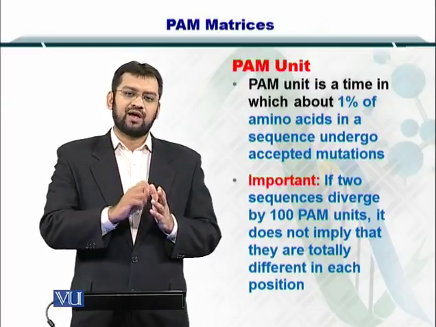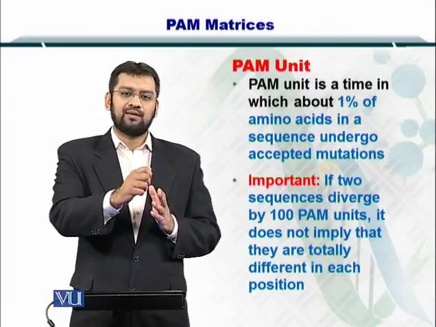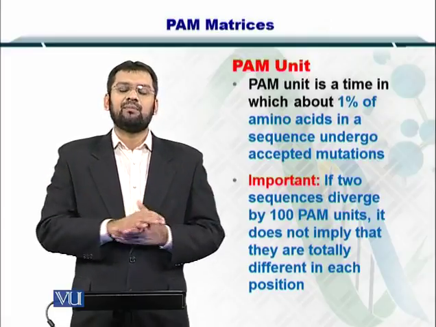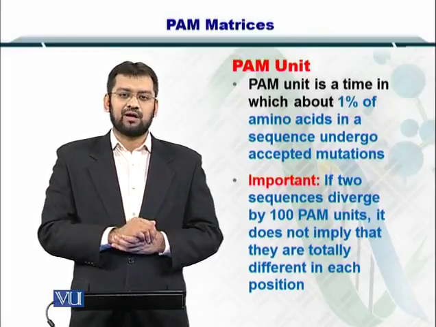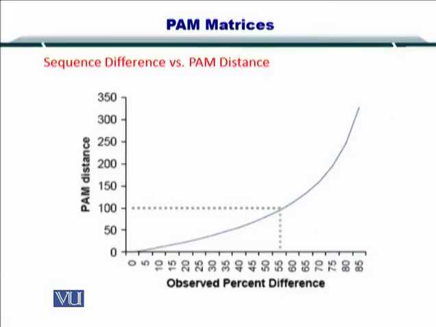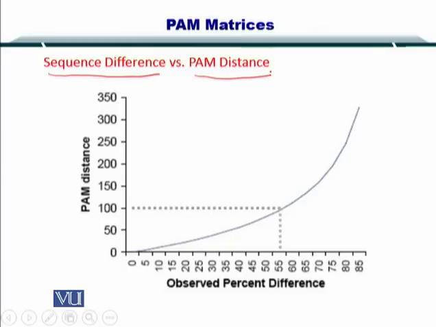So if the same site is being mutated multiple times, then the entire sequence may not be changed. To understand that, here I have a graph for you in which the sequence difference and PAM distance are compared. If we are naive, then we can think that a PAM distance of 100 will mean a 100% change in the sequence.